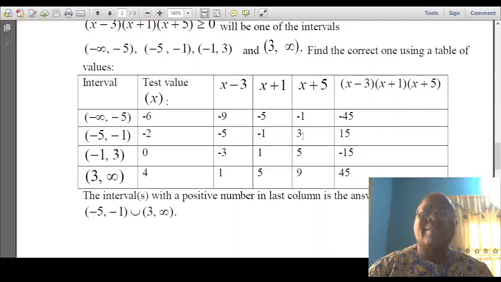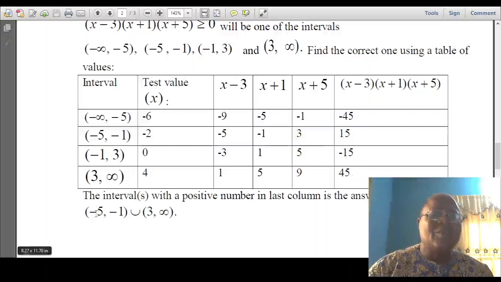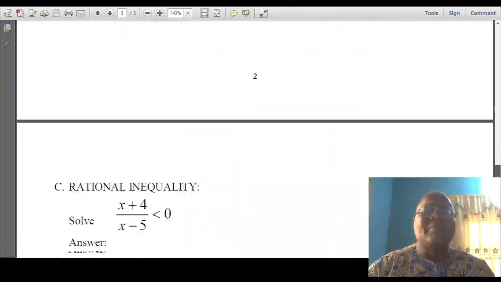So which one is greater than or equal to 0? That is the second and the last. So the union of the second and the last is the union of minus 5 to minus 1, union 3 to infinity. That is the solution to this problem.